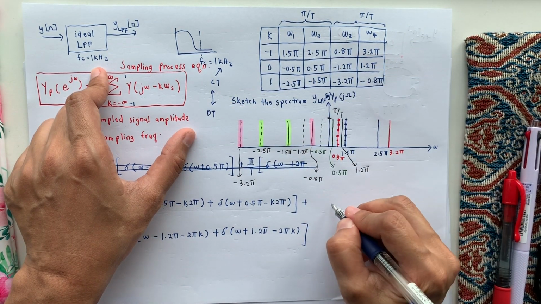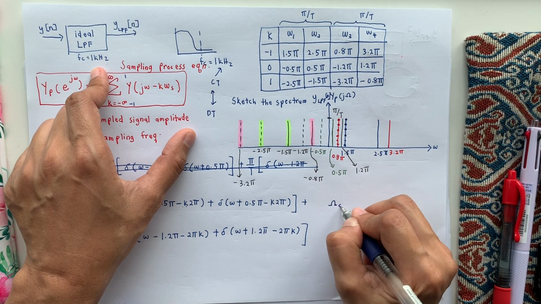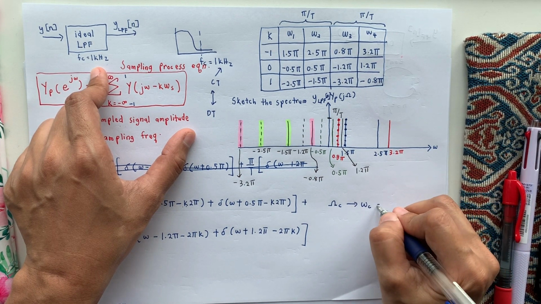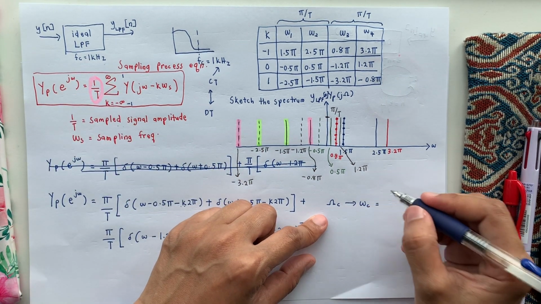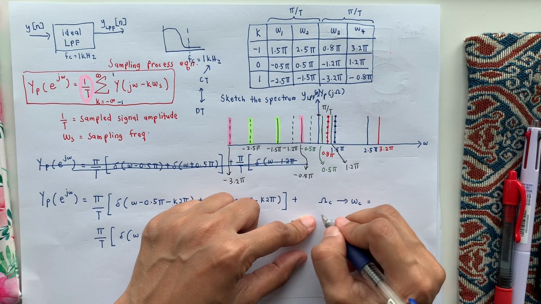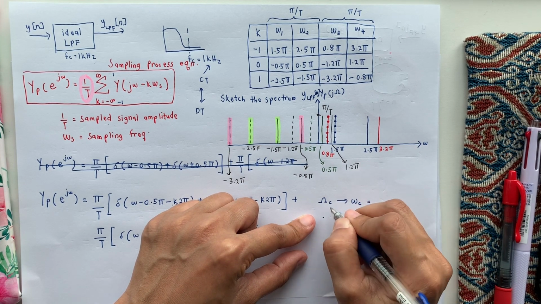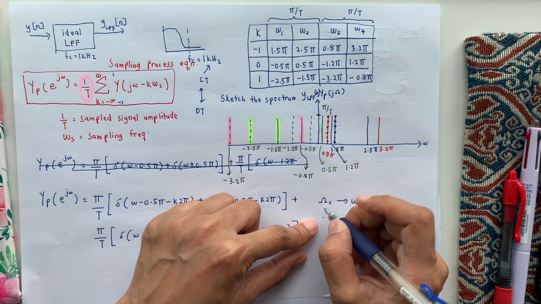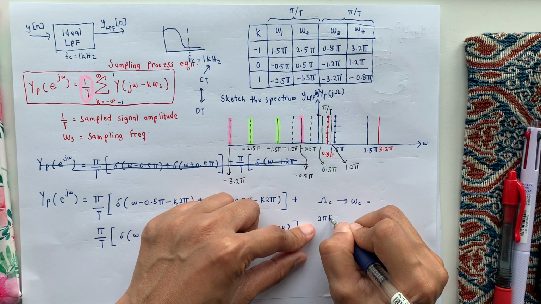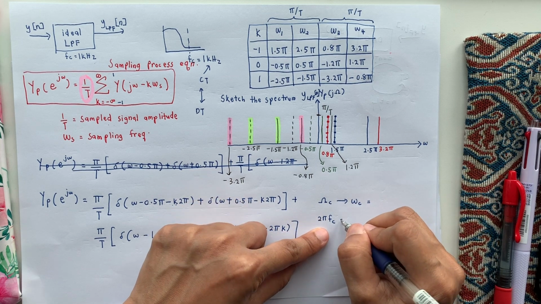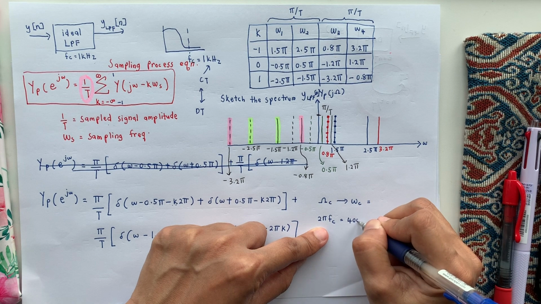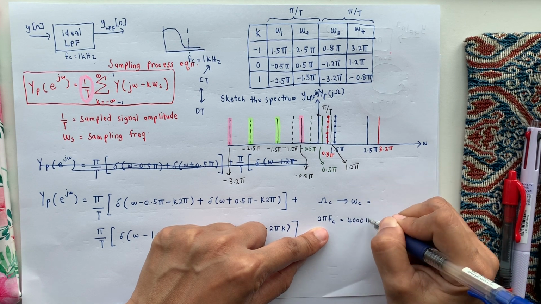If you want to convert from capital omega c to small omega c, you use 2 pi f_c, so you will have 4000 pi.